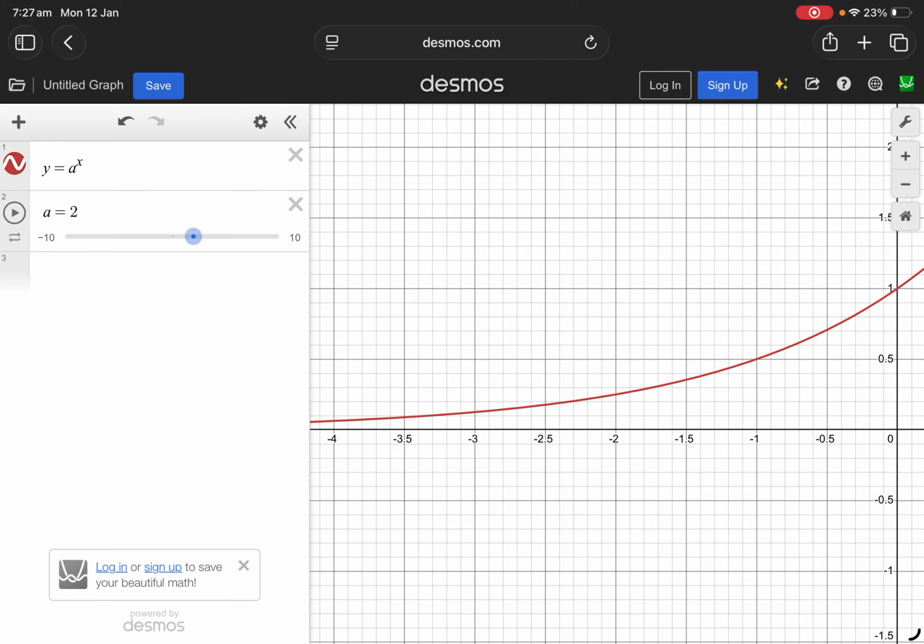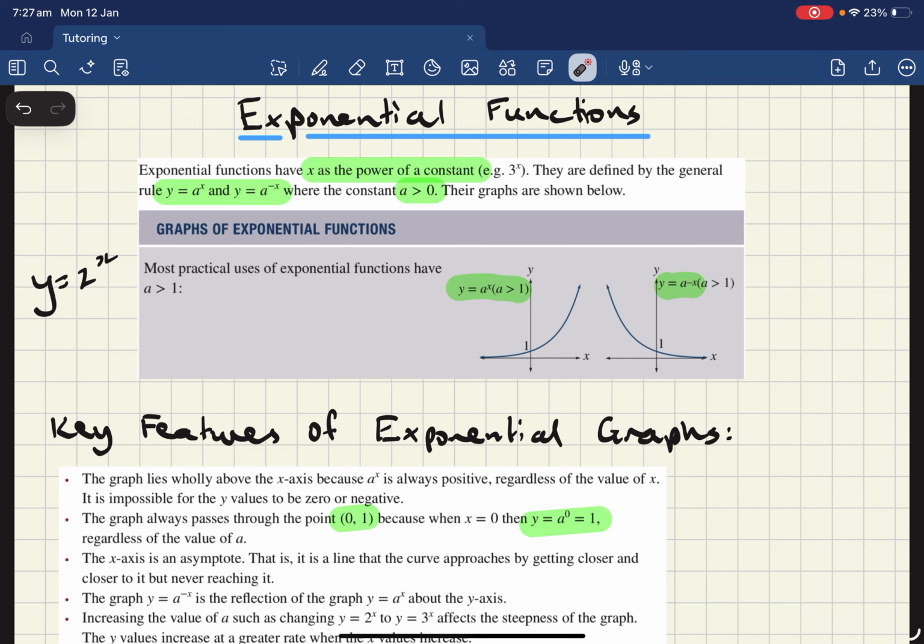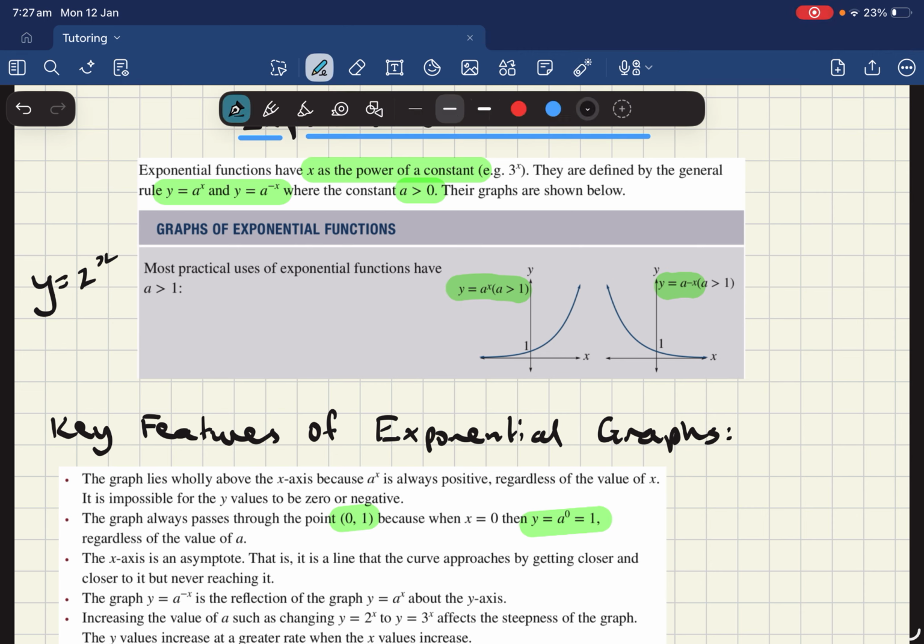We talked about this reciprocal relationship where, going back to our notes, if I have, for example, y equals 2 to the power of negative 1, that can be written as 1 over 2 to the power of 1, or 1/2. If we had y equals 2 to the power of negative 2, using negative indices, it gives us 1 over 2 to the power of 2, which gives you 1 over 4.